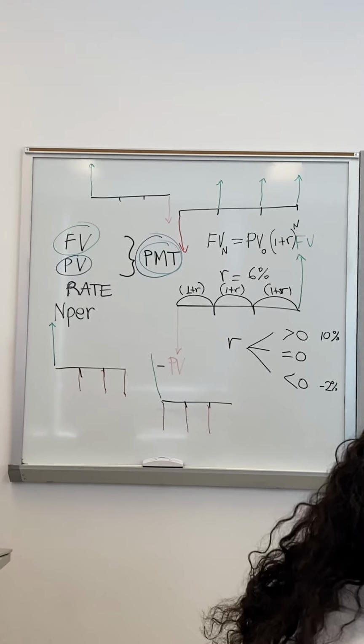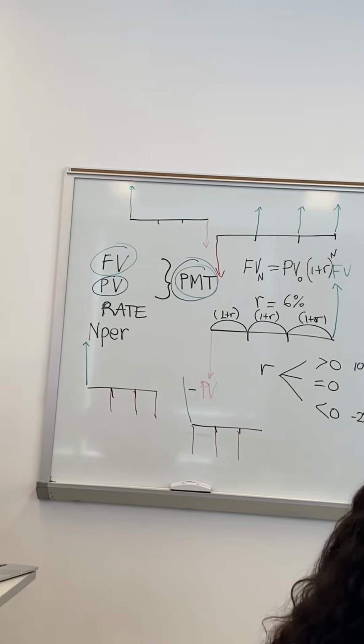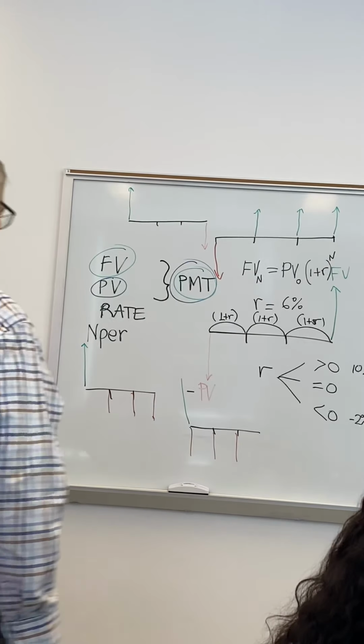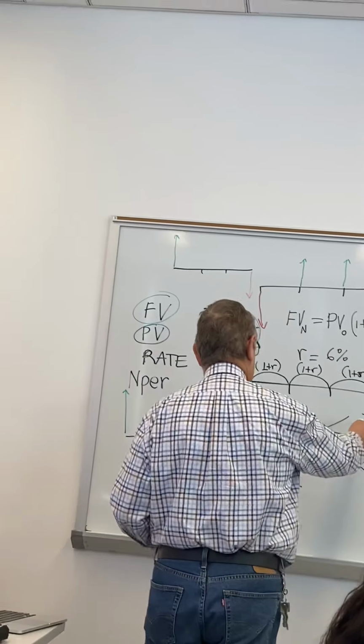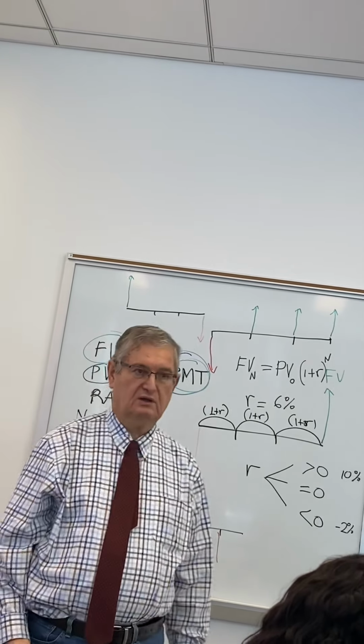1, 2, 3. What do I want you to have? I want you to have the 3 alternatives: positive, equal, and less than 0 return rate.